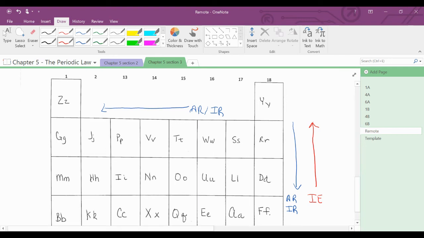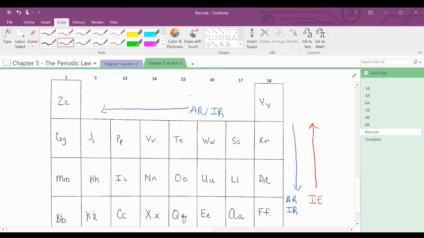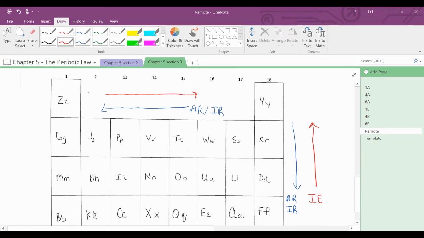All right, let's look at a period. So in a period, ionization energy is going to increase as you go from left to right. Again, if the atoms are smaller and have a greater charge, it makes it more difficult to pull electrons away from it. And that's what we're looking at in ionization energy, the removal of electrons.